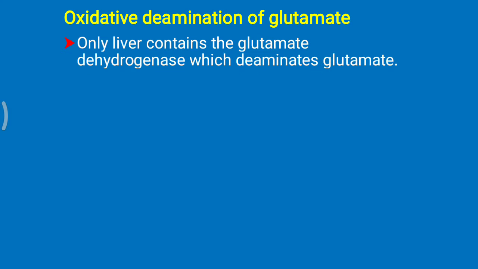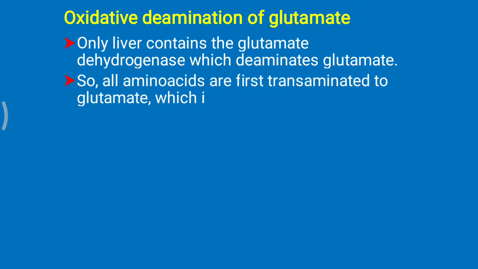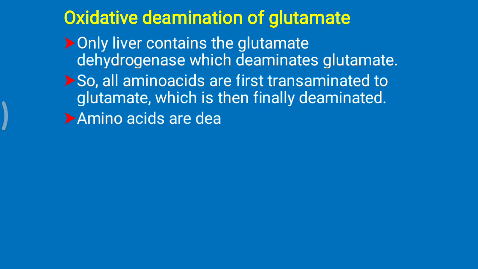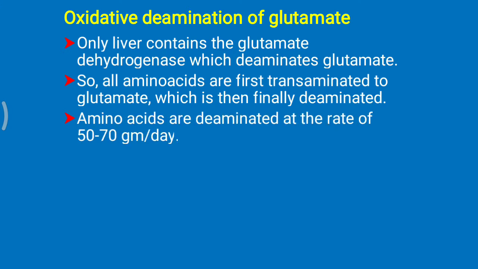Now, the oxidative deamination of glutamate: only the liver contains the enzyme glutamate dehydrogenase, which deaminates the glutamate or glutamic acid. So all amino acids are first transaminated to glutamic acid, which is then finally deaminated. Amino acids are deaminated at the rate of 50 to 70 gram per day. So that much ammonia removal is occurring inside the mitochondria of liver cells.